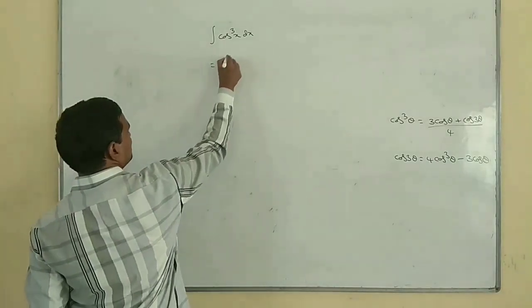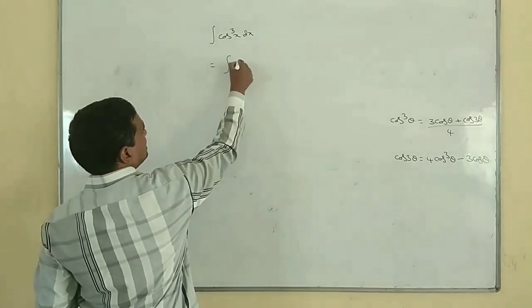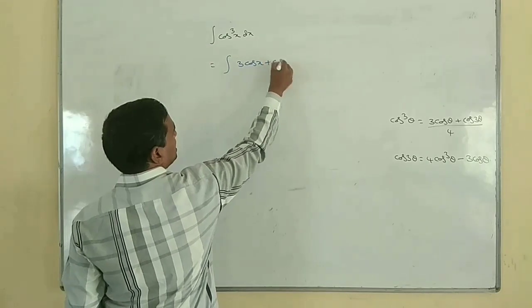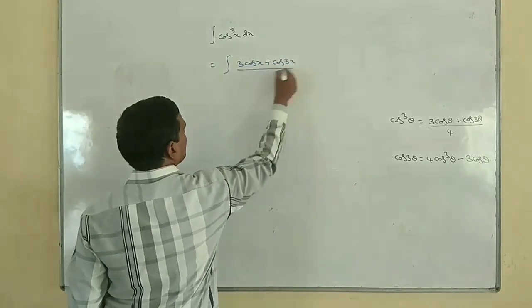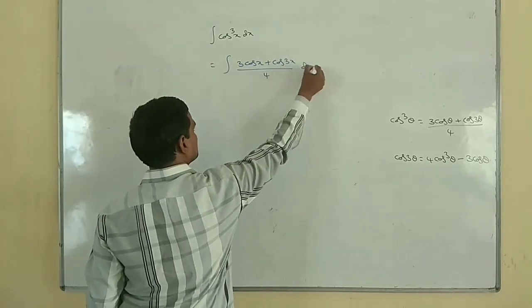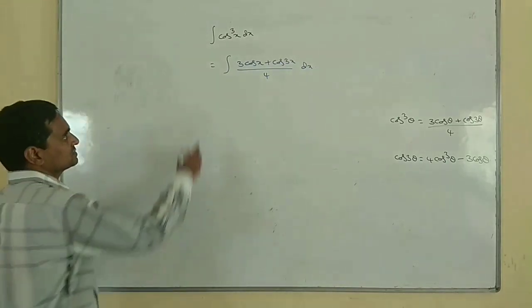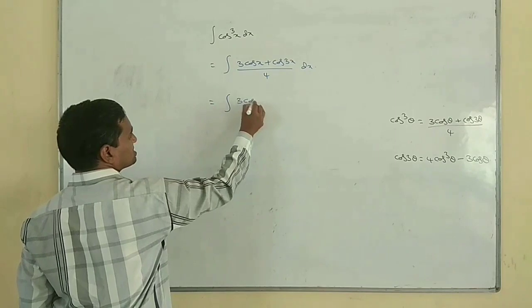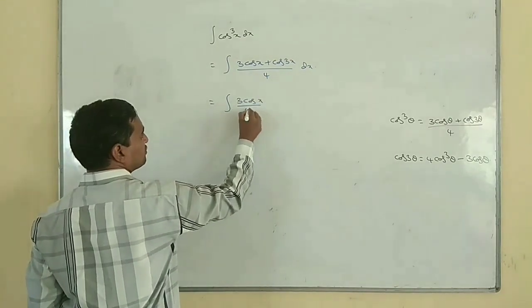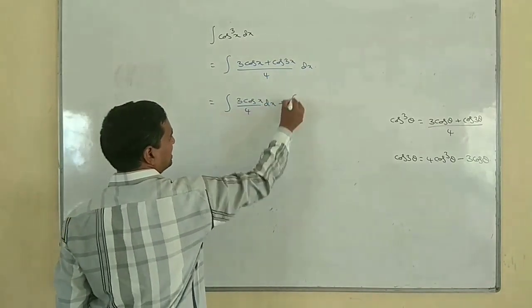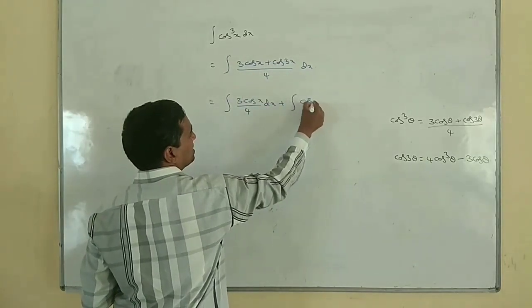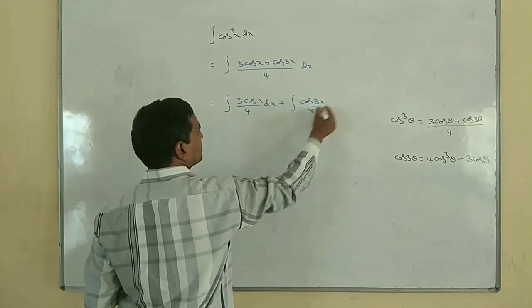Now the integration of (3 cos x plus cos 3x) by 4 dx: split into the two terms, integration of 3 cos x by 4 dx plus integration of cos 3x by 4 dx.